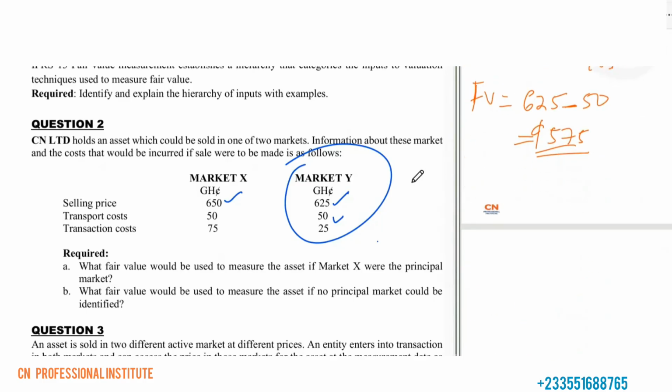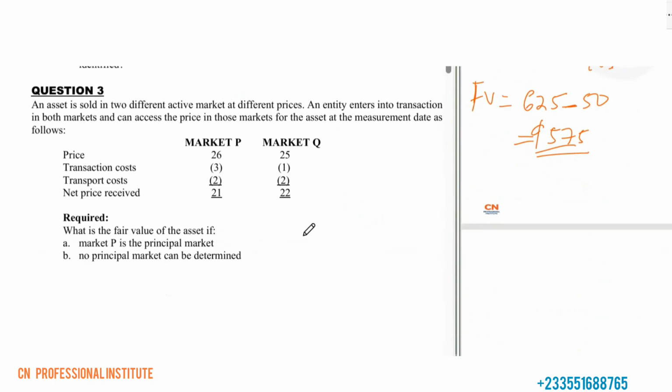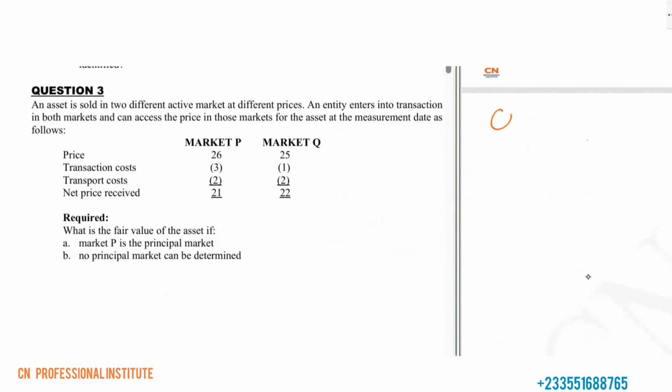Let's go to another question, question 3. So question three says an asset is sold in two different active markets at different prices. An entity enters into transaction in both markets and can assess the price in those markets for the asset at the measurement date as follows.